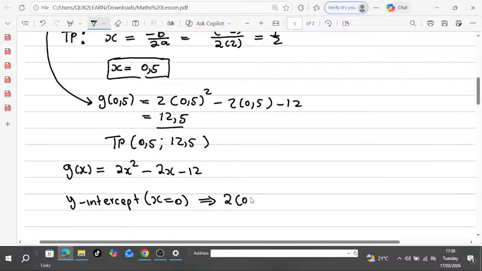So this is 0 squared minus 2 into 0 minus 12. So what is the y-intercept equal to? This is just negative 12. So the coordinates of the y-intercept are 0 and minus 12. I hope everyone is happy with how we got that minus 12.